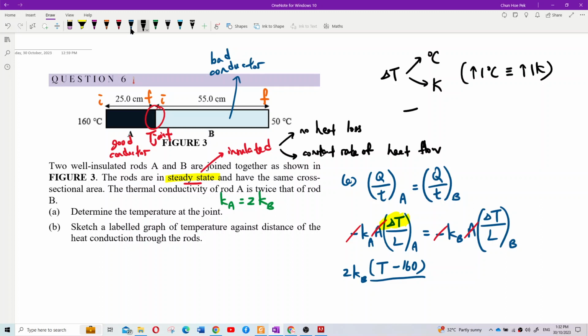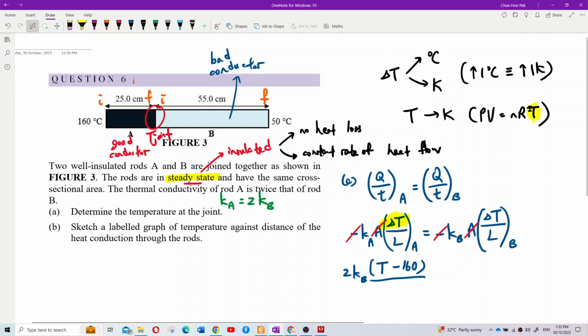But for the temperature in a formula like PV equals nRT, the temperature must be in Kelvin. But for delta T, you can maintain it as degrees Celsius, like this 160 and this 100.